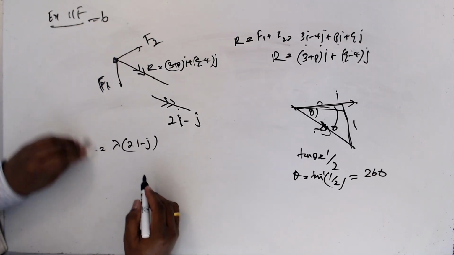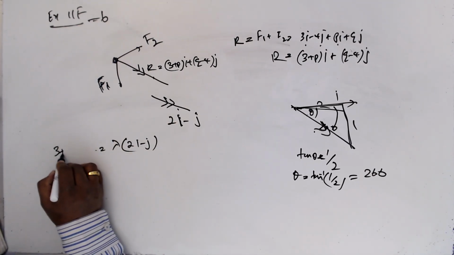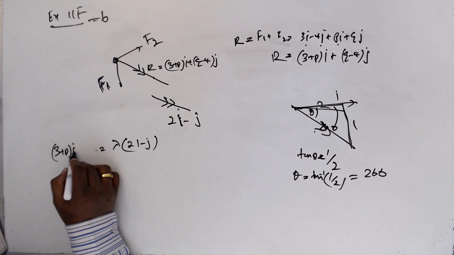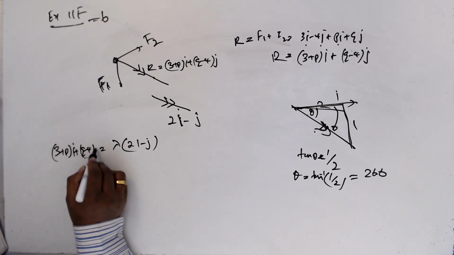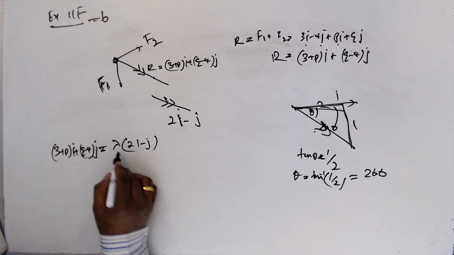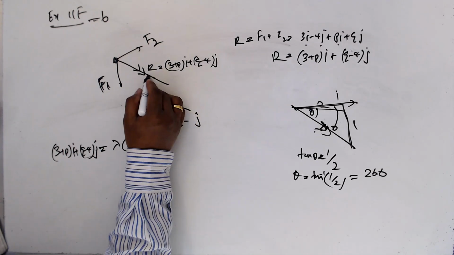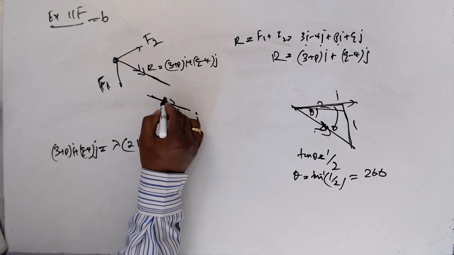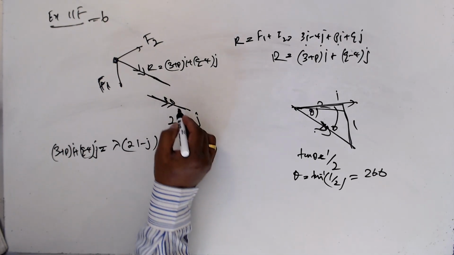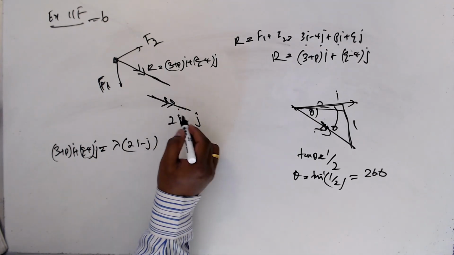So 3 plus p i plus q minus 4 j equals lambda times 2i minus j.